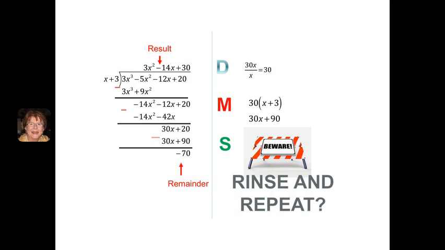I do the subtraction. 30x minus 30x eliminates, and 20 minus a positive 90 is negative 70. This is the result with the remainder of negative 70.